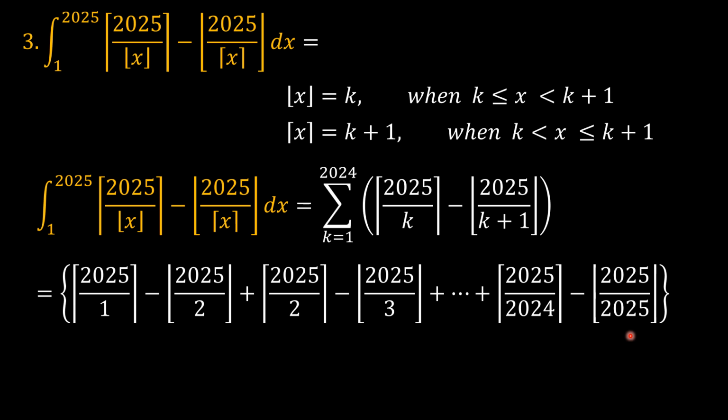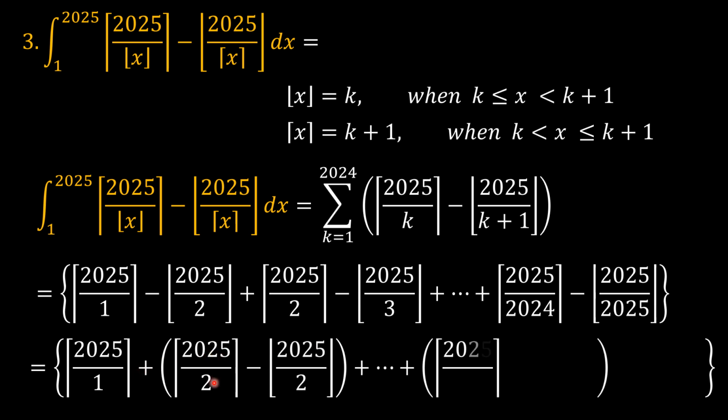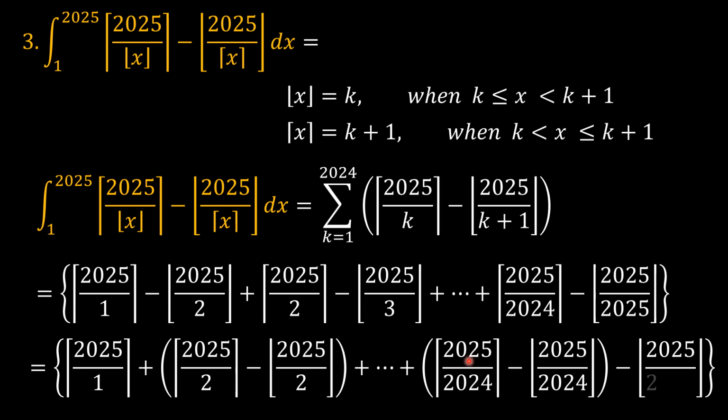It's important to see that we have expressions with similar denominators here. We can try to batch those together, so that now we have the ceiling of 2025 over 1, plus the bracket: the ceiling of 2025 over 2 minus the floor of 2025 over 2, and so on until the last, where we have the ceiling of 2025 over 2024 minus the last floor, 2025 over 2025.